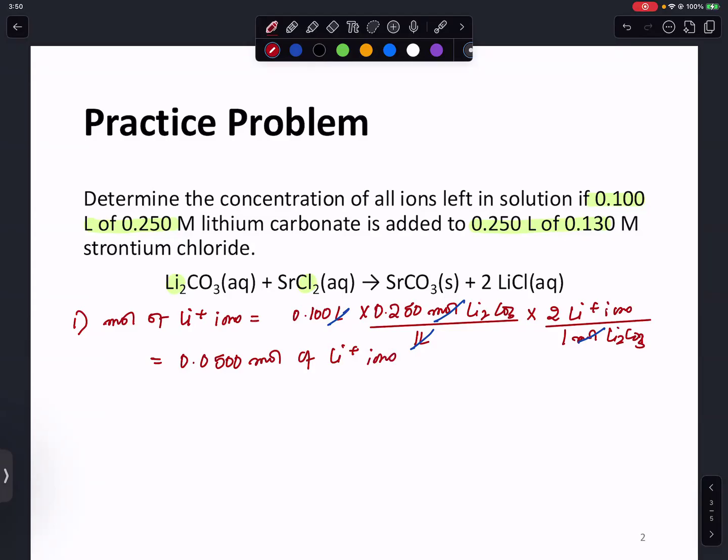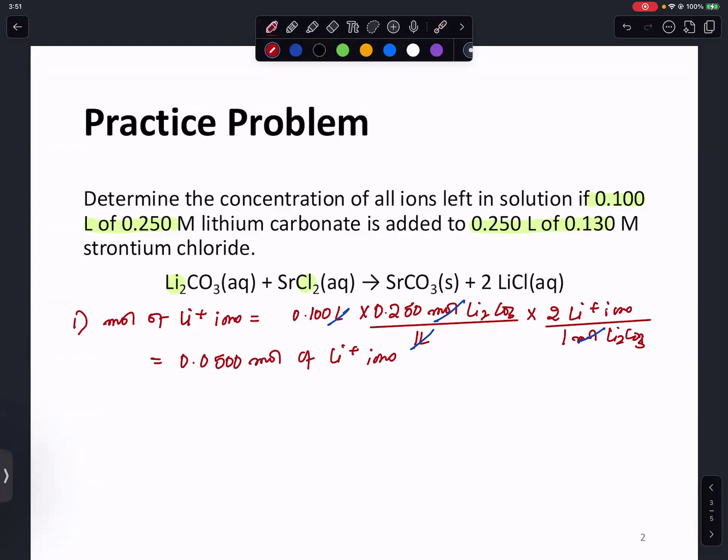Now note that we are mixing 2 solutions of 2 different volumes. So this becomes a dilution problem as well. In this case, we will have to recalculate the volume in order to get the correct molarity.